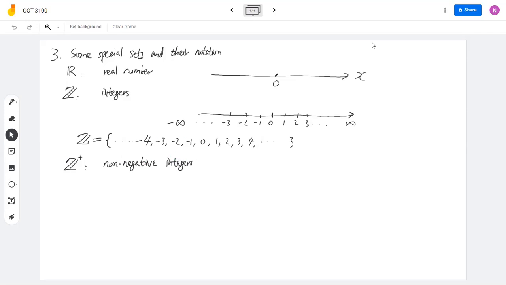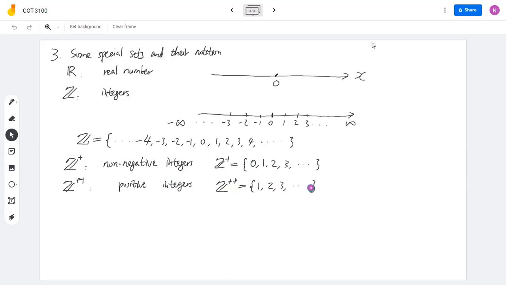Okay, that means Z+ is {0, 1, 2, 3, and so on and so forth}. And Z++ to denote the set of positive integers: {1, 2, 3, and so on}.